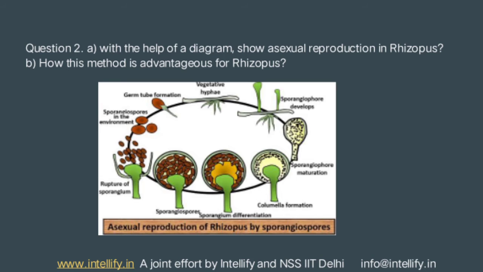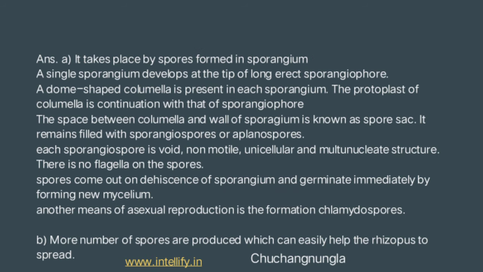Now, a dome-shaped columella is present in each sporangium. The protoplast of the columella is continuous with that of the sporangiophore. The space between the columella and the wall of the sporangium is known as the spore sac. It remains filled with the sporangiospores or aplanospores.